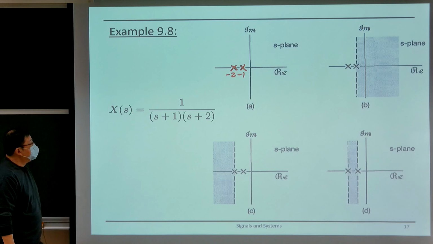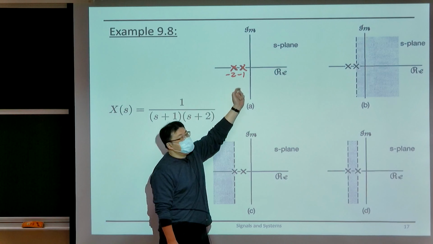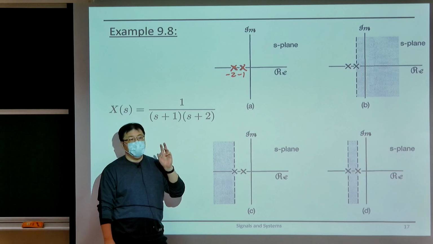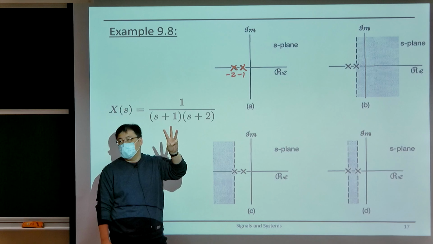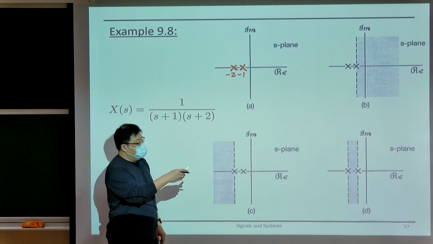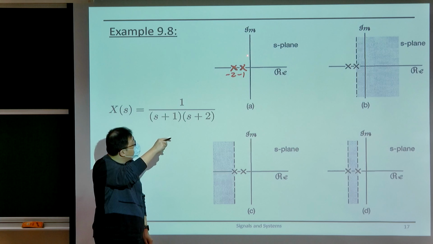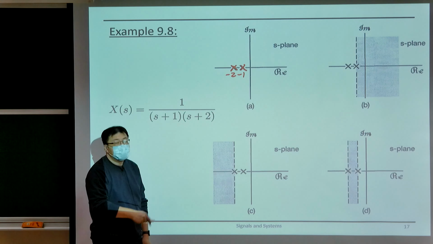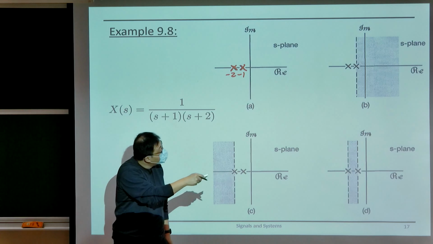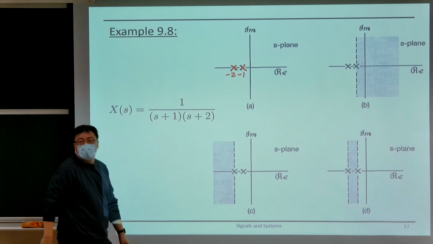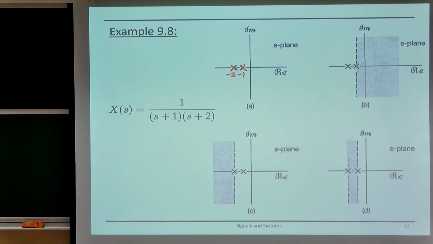Now, if you have two poles like this, then there are only three possibilities for the ROC. You can either have an ROC that is to the right of the rightmost pole, which gives you this, okay?